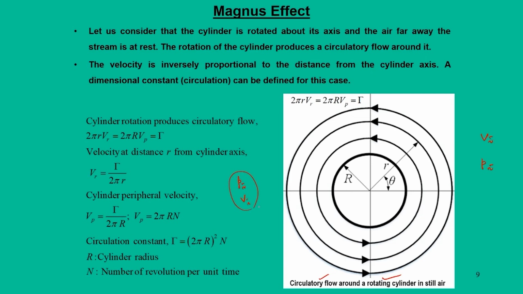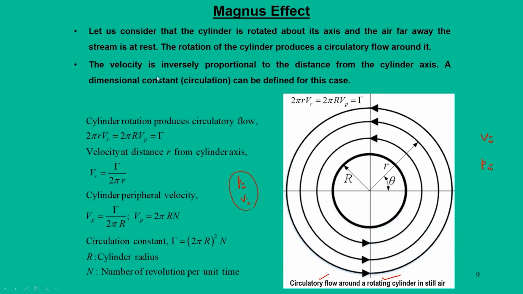So the far stream is not affected, but the vicinity of the cylinder gets affected through the rotation. The rotation of the cylinder produces circulatory flow around it, but air far away is still at rest.